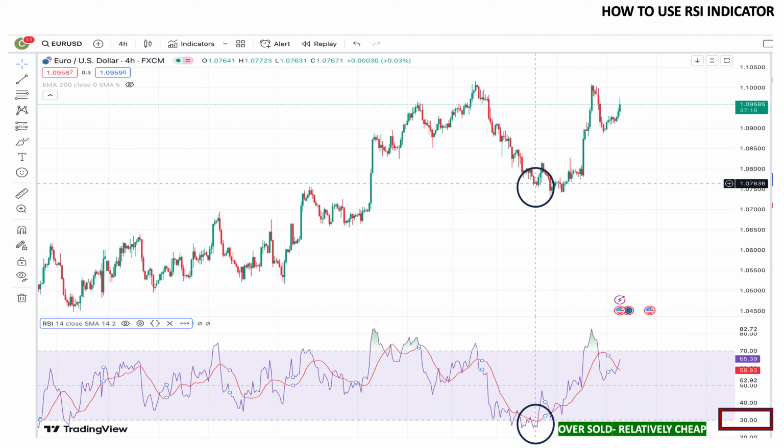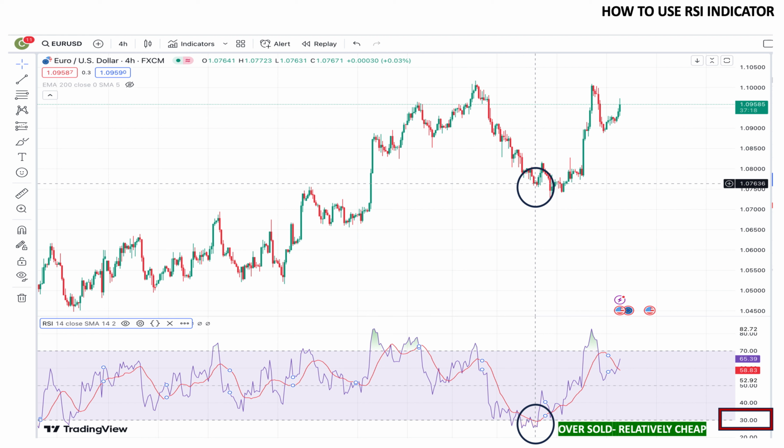And here there's a bullish formation on how to use an RSI. In the highlighted area, we can see where there's a change of character, where the price falls down and goes for a buy. And as it's highlighted, you can go to the RSI and see it's below 30, which is an oversold area, which is relatively cheap.